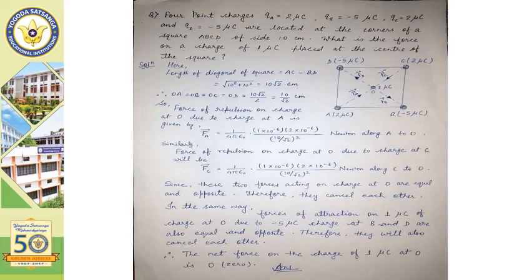Since these two forces acting on the charge at O are equal and opposite, they will cancel each other. In the same way, if we calculate the force of attraction on the charge at O due to the charges located at B and D, as they are negative charges, they will also be equal and opposite, and therefore again they will cancel each other.